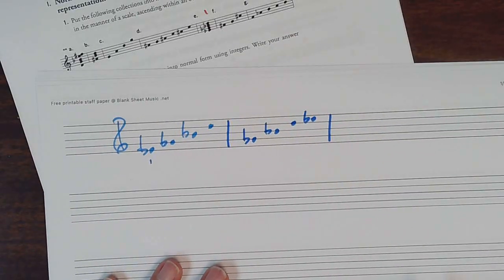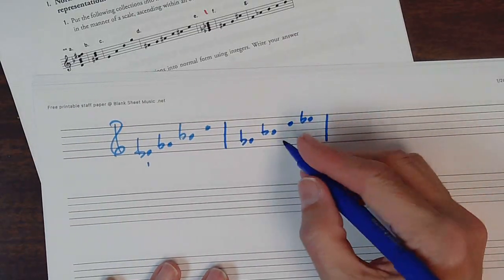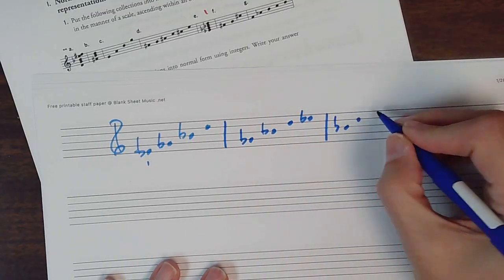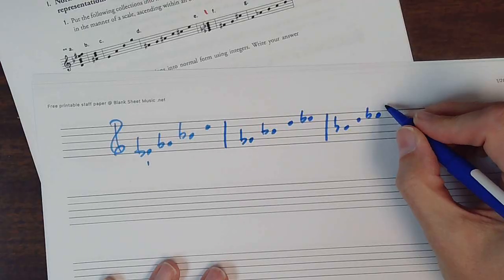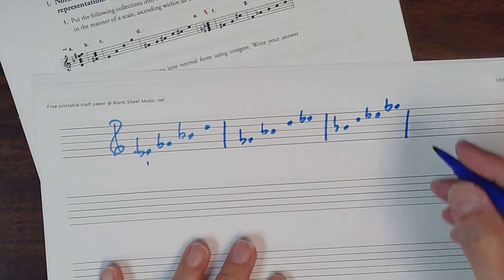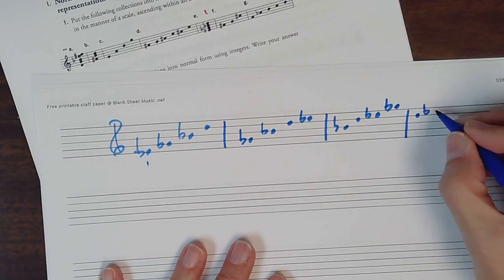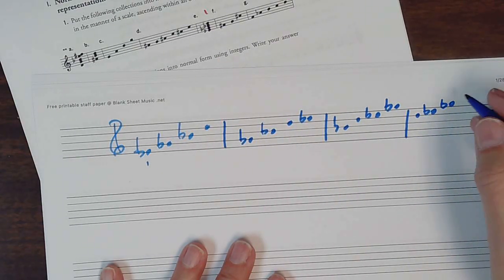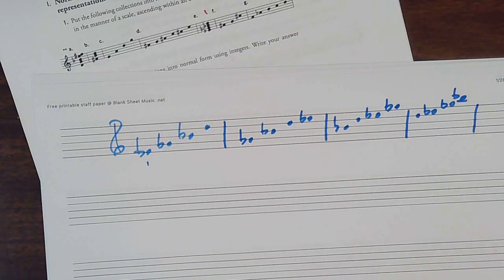Now we start on B flat: B flat, D, E flat, G flat. Then we start on D: D, E flat, G flat, and B flat. So these are the four orderings of this set.